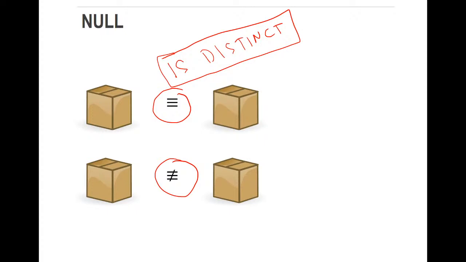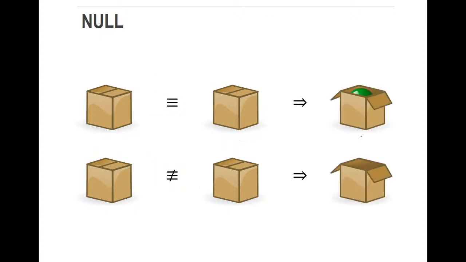So this is really the last one: when you ask whether null is distinct from null, this one is actually not distinct. The answer is actually yes.